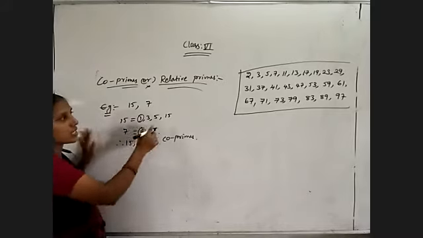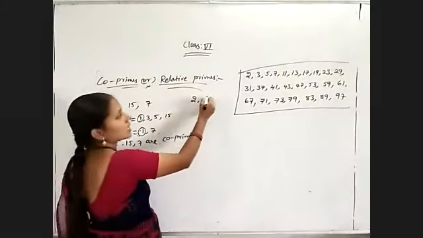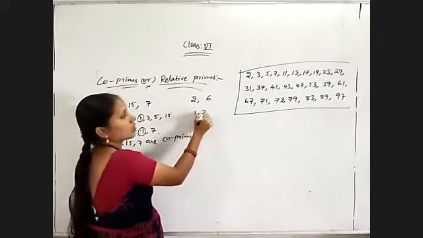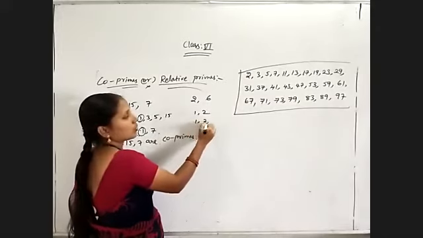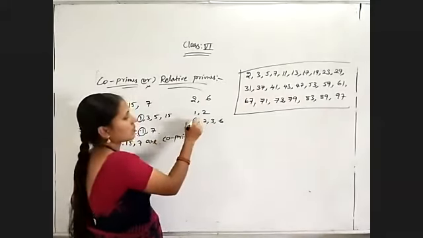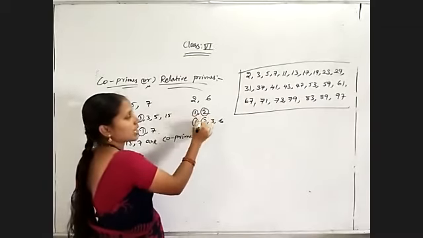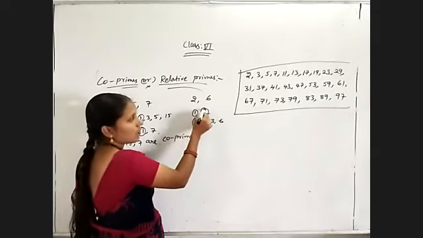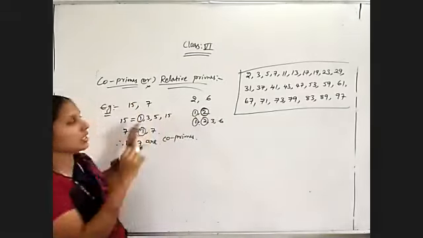This is one way. First, suppose I have the numbers 2 and 6. Now, the factors of 2 are 1 and 2. The factors of 6 are 1, 2, 3, 6. Now, list the common factors. 1 is common for both the numbers and 2 is common for both the numbers. That means they have one more common factor, not only one.